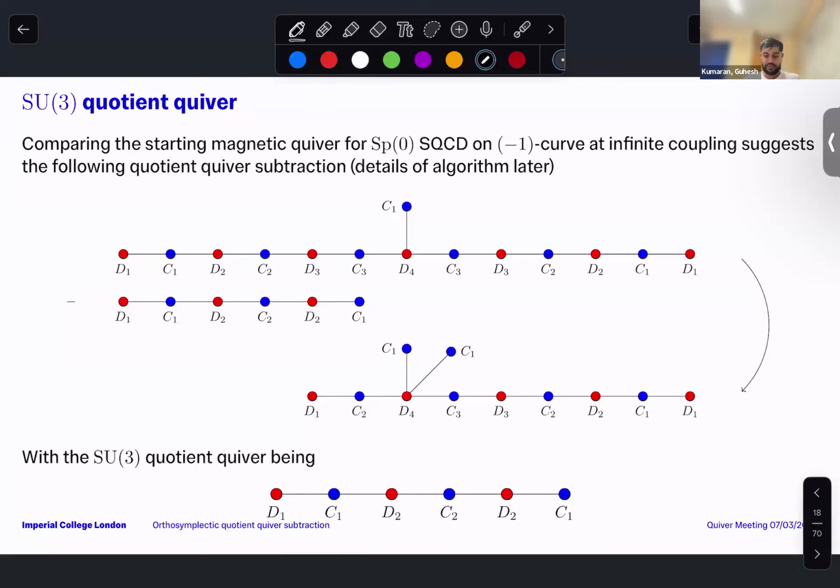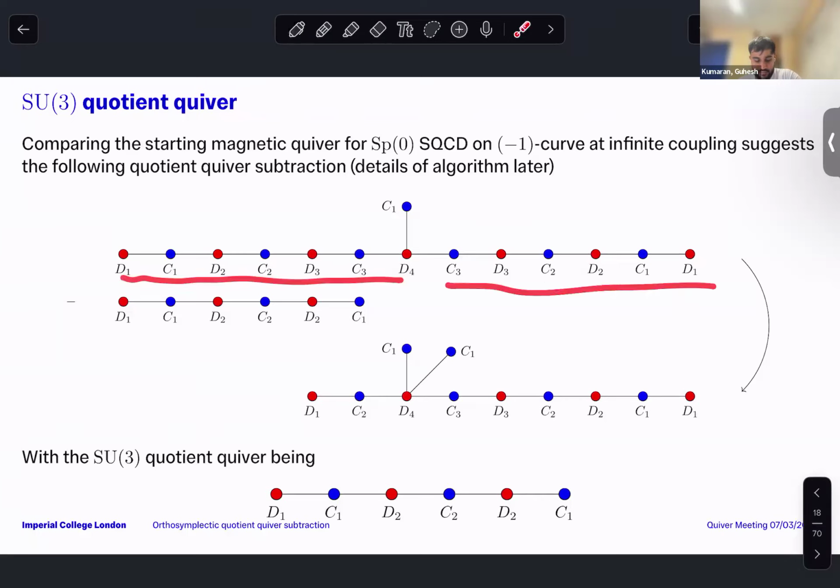Okay. So if you remember, this was the case k equals 0. We had this chain of gauge nodes from D1 up to D4 and back down again with a C1. So this was SP0 with 8 flavors at infinite coupling, the magnetic quiver. And I just showed you what the magnetic quiver for SP0 times SU3 gauge theory is when the SP0 is at infinite coupling and the SU3 is at finite coupling.